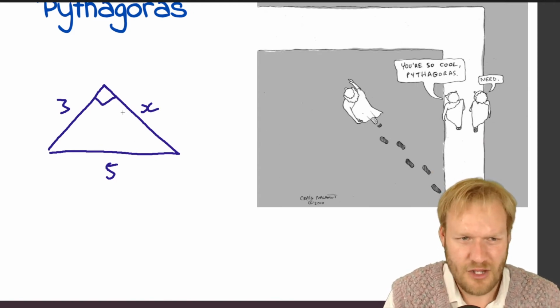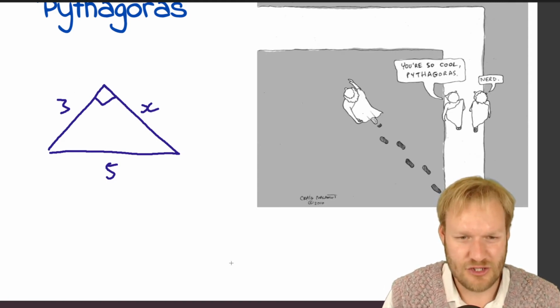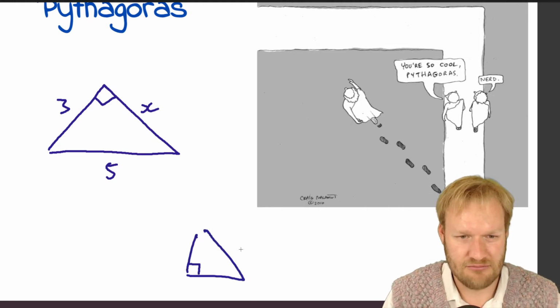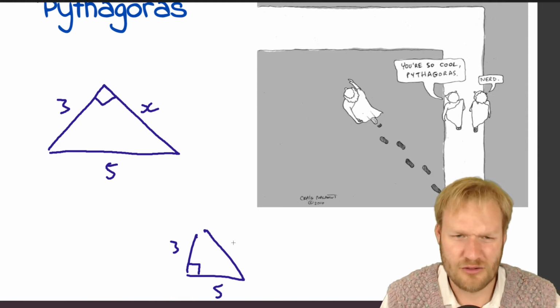Well, you might go, oh, it's 4, because I know it's a 3, 4, 5 triangle. But be careful in case I give you another triangle that is like, say, 3 and 5, and you go, oh, well, this is 4, because it can't be 4, because that's the longest side.